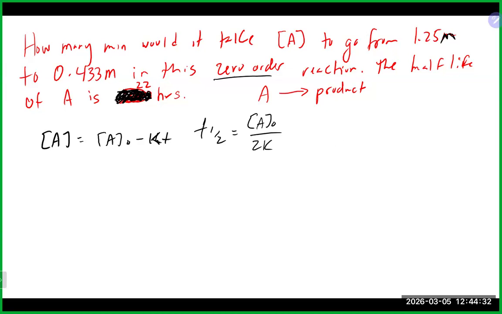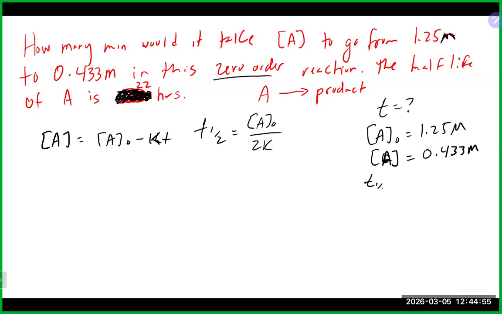So in this case, we are looking for how many minutes. So we're really looking for the time it will take for the concentration to go from 1.25, which would be our initial concentration, to our final concentration of 0.433 molar. We do have the half-life given to us of 22 hours in this case.